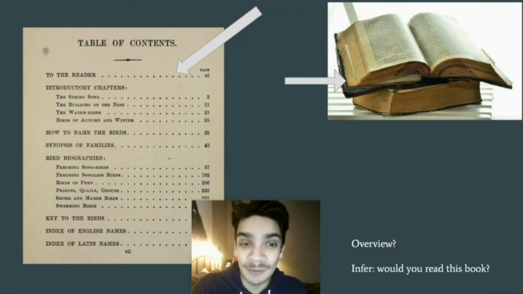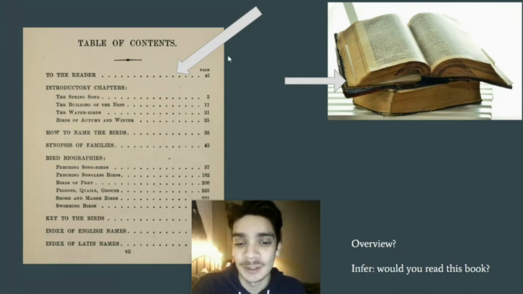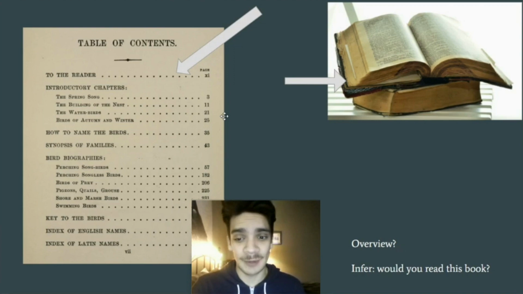So as an overview, remember, on one page, we're able to look at what on the left and where to find it in the book, what the book is going to be about, and where to find it.